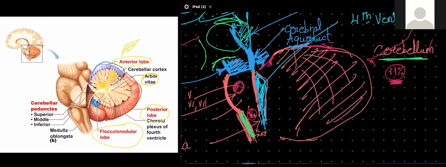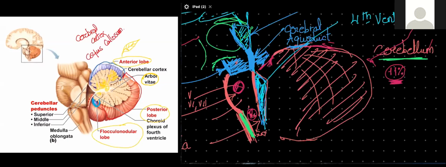Gray matter of the cerebrum, not the cerebellum and not the white matter. We call it the cerebral cortex. And what did we call the white matter of the cerebrum that attaches the 2 cerebral hemispheres to one another? Corpus callosum.